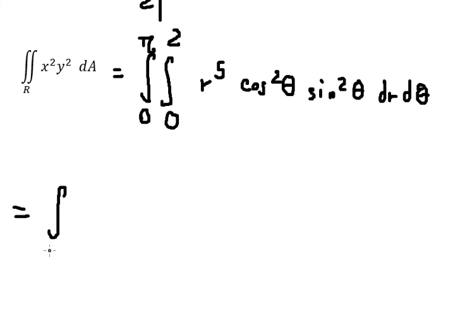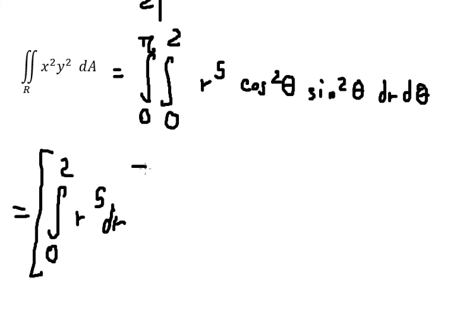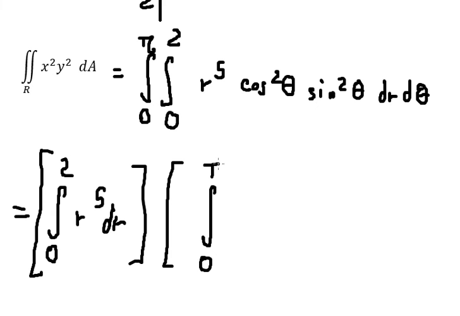That should be the integral from 0 to 2 of r to the power of 5 dr. We put this one in here. And the next one is the integration from 0 to pi. And we put this one in here.